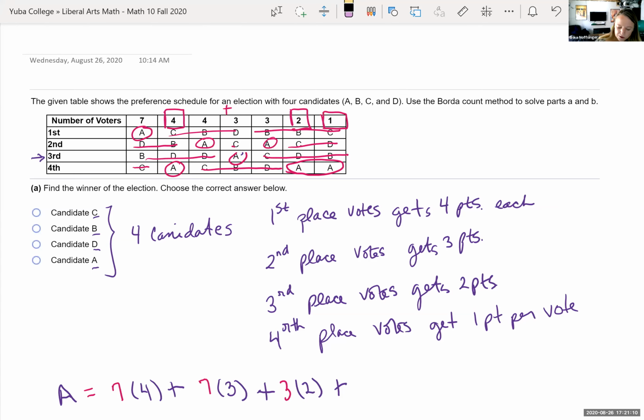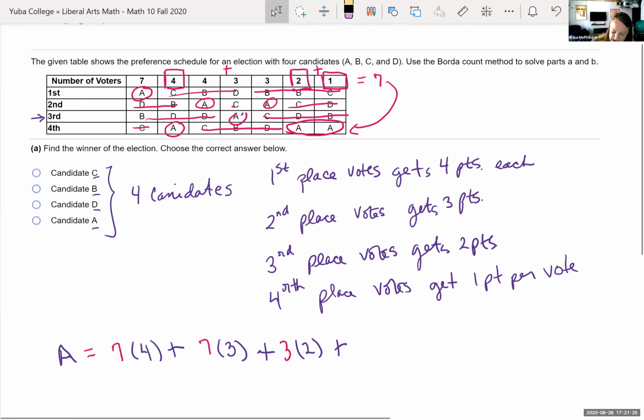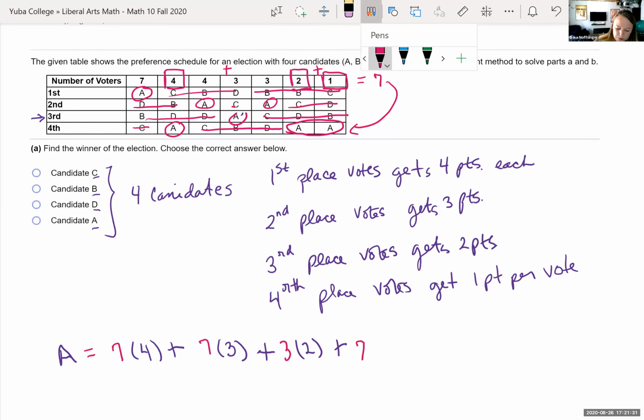So the total number of people that ranked A in fourth place is 4 plus 2 is 6 plus 1, which equals 7. And so 7 votes times how much fourth place is worth, which in this problem is only 1 point.